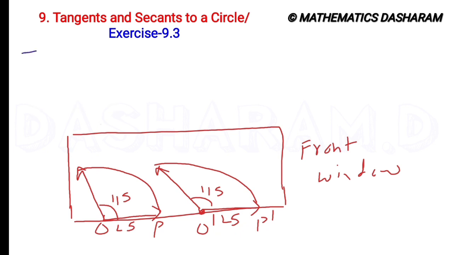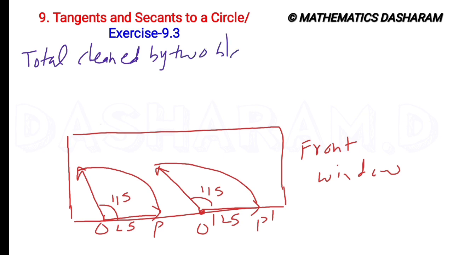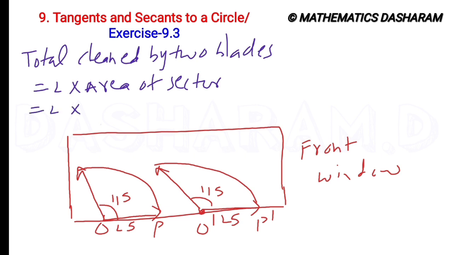So total area cleaned by two blades equals 2 into area of sector. So 2 into x by 360 into area of a sector, which is pi r square.